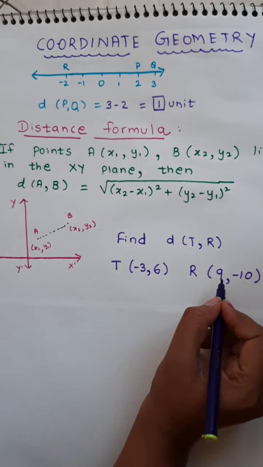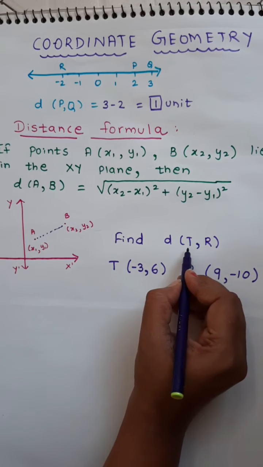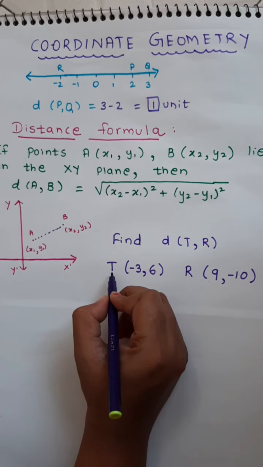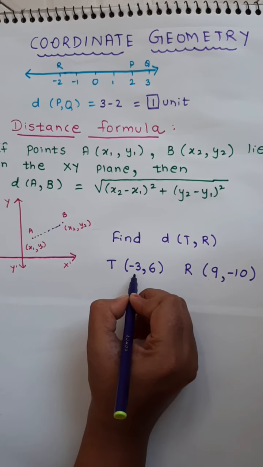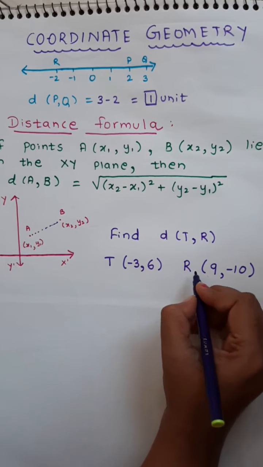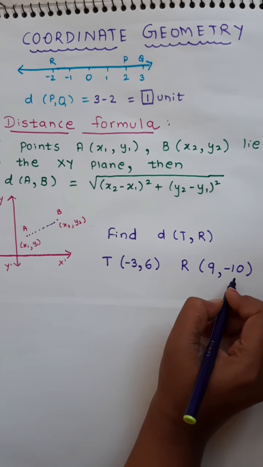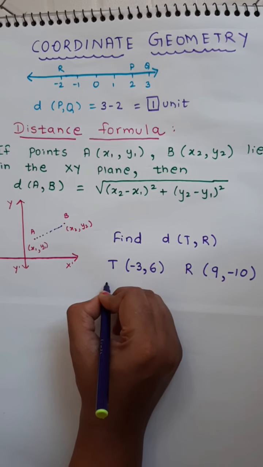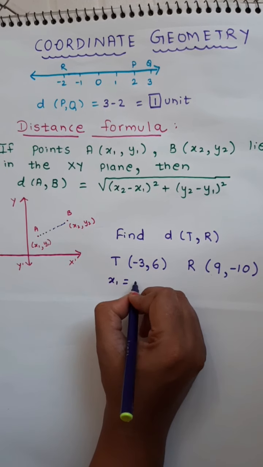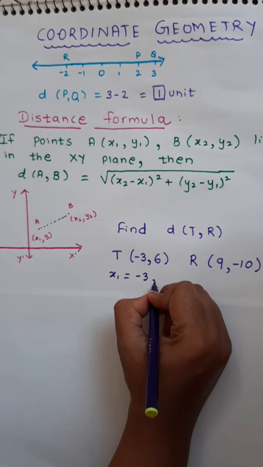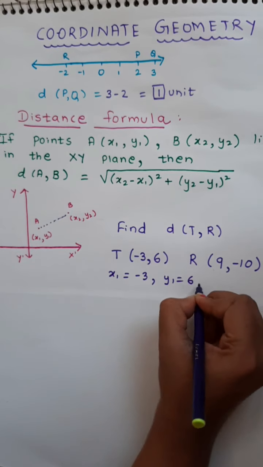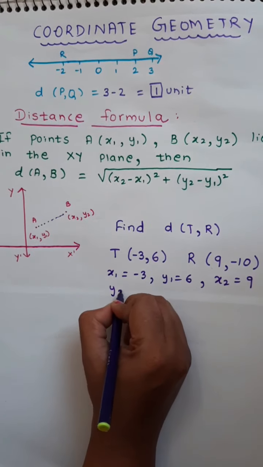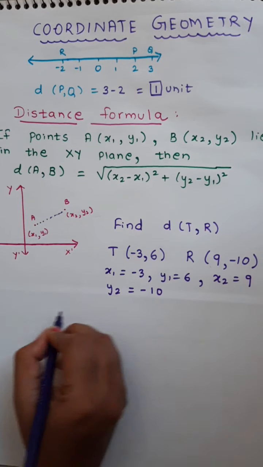Let me illustrate with an example. Find the distance T comma R. Okay, now the coordinates are given. T is minus 3 comma 6 and R is 9 comma minus 10. So I'll write this as x1 is equal to minus 3, y1 is equal to 6, x2 is equal to 9, y2 is equal to minus 10.